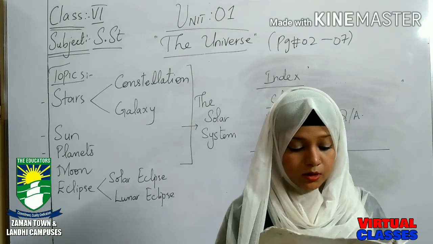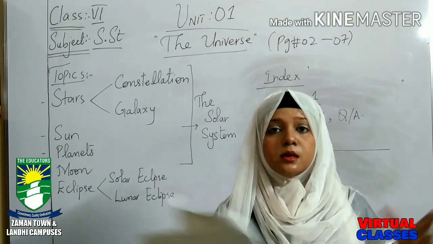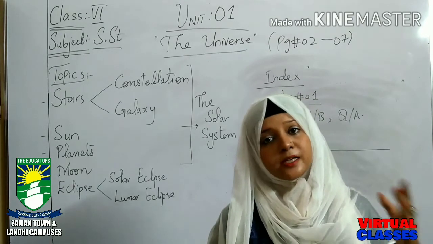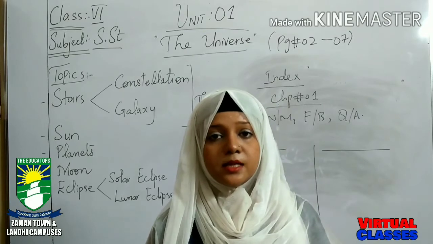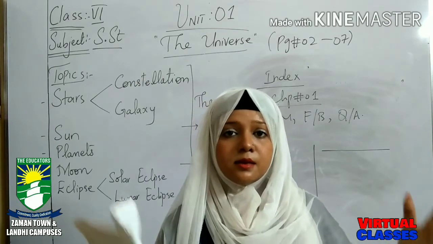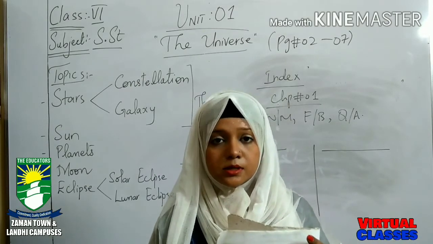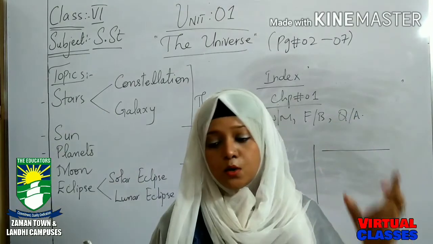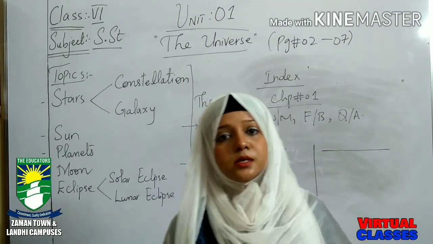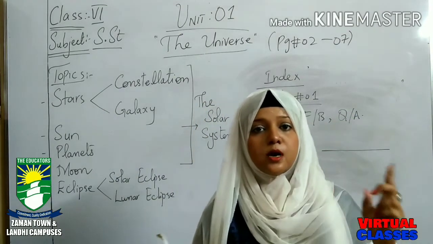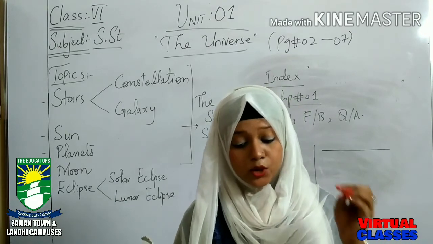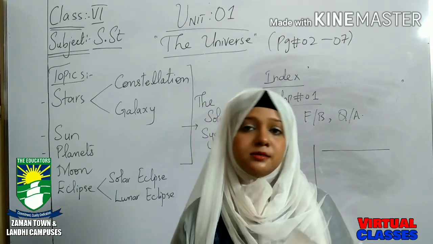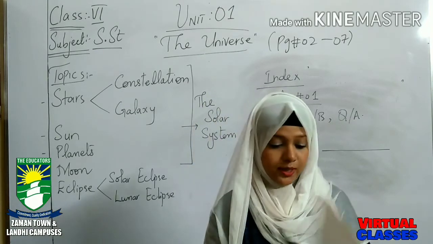Then the last question, what keeps the planets moving around the orbit? I have explained in the lecture, I have explained in the fill in the blanks as well. There is something in the center of the solar system being massive, whose gravity causes the planets to move around the sun continuously. I hope that you have understood all the answers well and grabbed them very quickly.